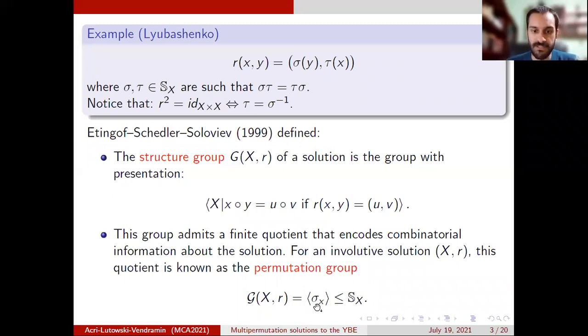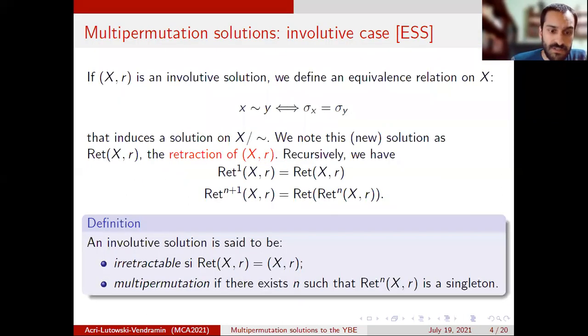You can also take the taus. The solution being involutive implies that the group generated by the sigmas or the taus is just the same. So we'll define a class of the so-called multipermutation solutions for the involutive case first.